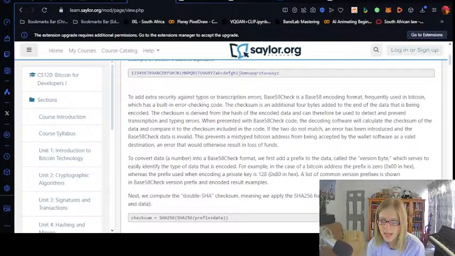For example, in the case of a Bitcoin address, the prefix is 0, so that in hex format, that would be 0x00, whereas the prefix used when encoding a private key is 128. So that would be 0x80 in hex. A list of common version prefixes is shown in the base 58 check version prefix and encoded result examples.